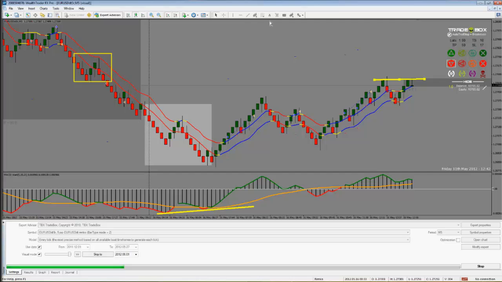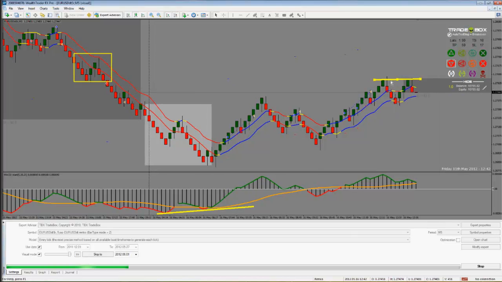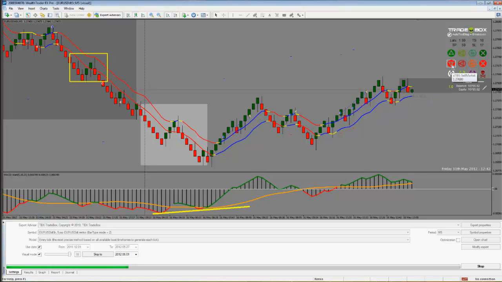So if you trade divergences, this is where you start getting cautious and start being careful of a long trade. Let me just remove this thing. And if that breaks out of the channel and whatnot, we'll start taking a short trade.